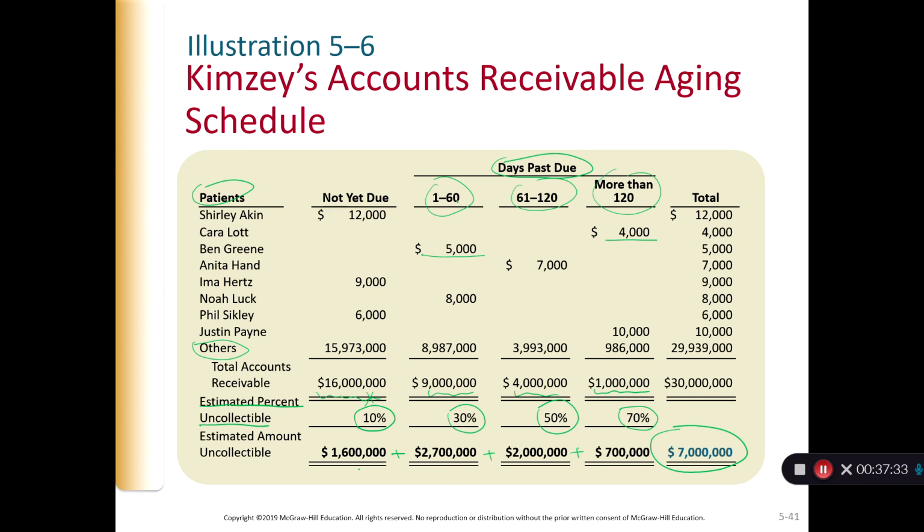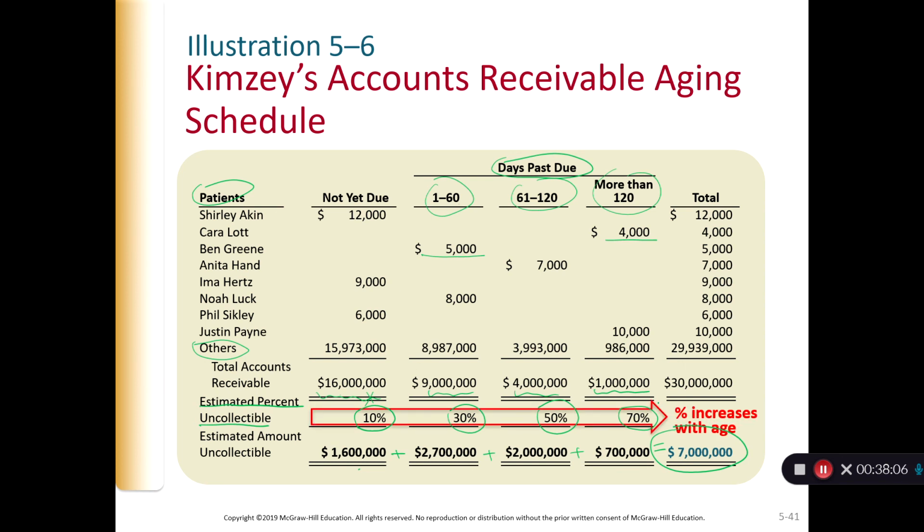For less than 60 days bills that haven't been paid yet, maybe 2.7 million not collectible, and for more than 60 days old patient bills, probably 2 million not collectible, and for more than 120 days bills from the patients we might not be able to collect 700,000. Hence, the total uncollectible accounts receivable is about $7 million. Okay.